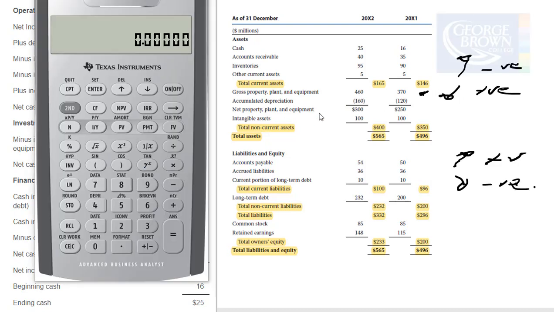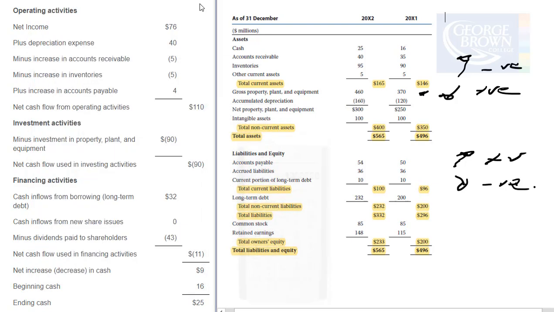Okay, we can see plant, property, and equipment on the gross, 460 in 20X2 minus 370. And that is a change of 90. So we can see our PP&E grew by 90. So that's, of course, a use of cash. It was an investment activity of 90. So that's an easy one to understand, okay?